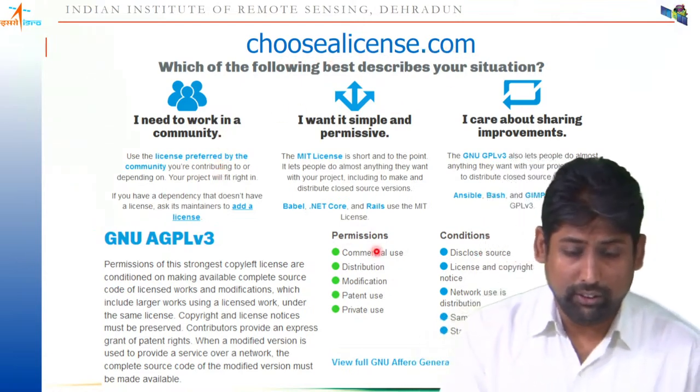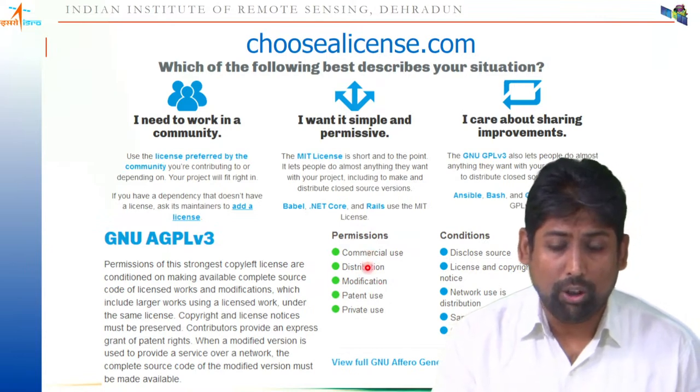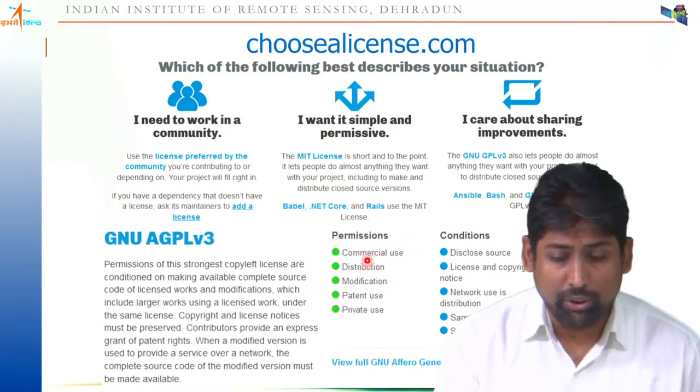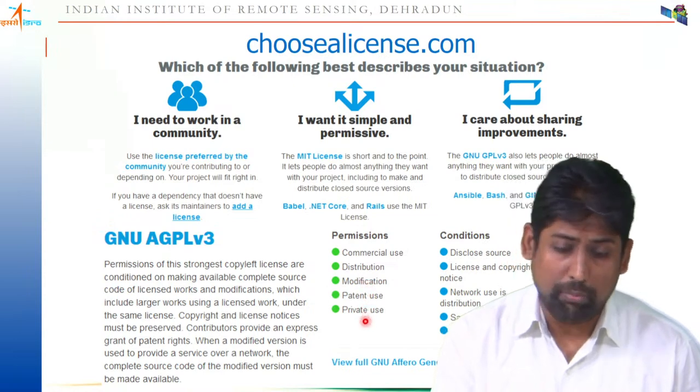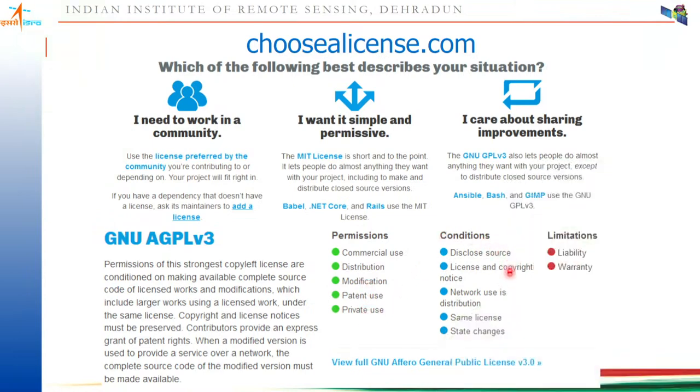You can specify things like, do you want to permit it for commercial use? Do you want to permit modifications or private use? Do you want it to be used on the network? Do you want the same license to be carried forward, or do you want to allow changes to the licenses?